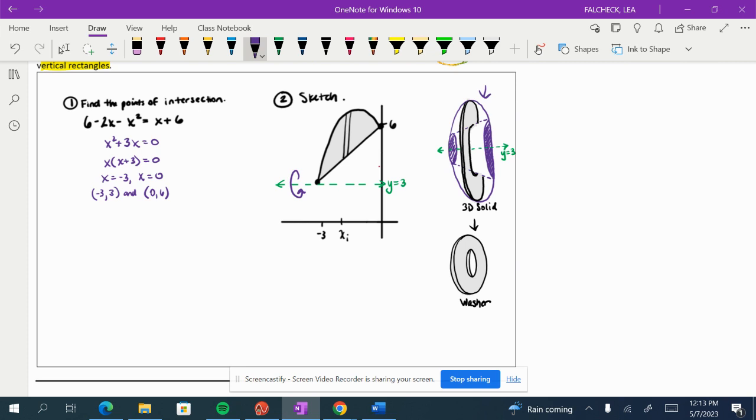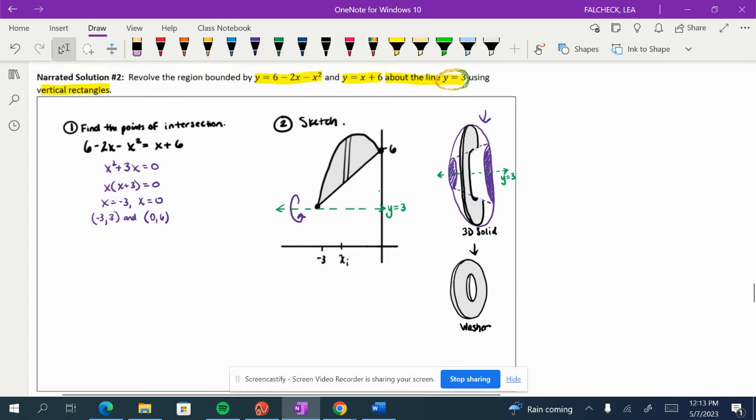First, let's talk about the outer function and what its radius would look like. In the outer function, we have 6 minus 2x minus x squared. That will yield our outer radius. However, we are going to need to remove a space that is 3 units tall between the function and the axis of revolution.